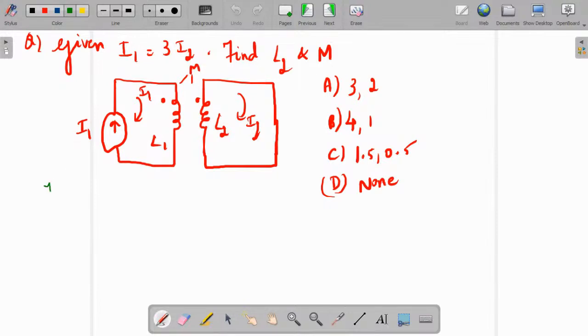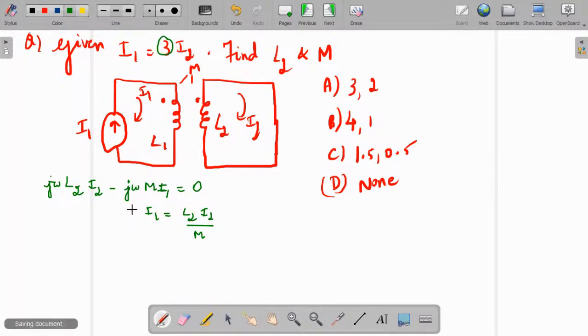So அப்ப என்ன கிடைக்கும், j omega L2 into I2 minus j omega mutual inductance into I1 is equal to 0. So from this we'll get a relation like I1 is equal to L2 I2 divided by M.